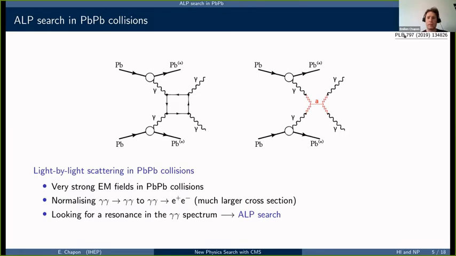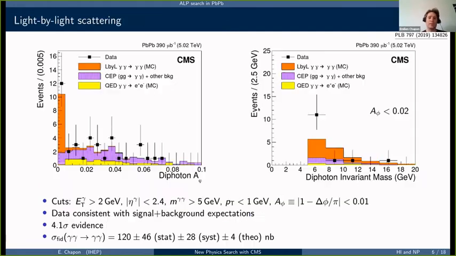In this paper, which CMS has published, the strategy was to normalize the light-by-light scattering process to photon-induced electron pair production, which has a much larger cross-section. And then we can also use the same final state for looking for ALPs.